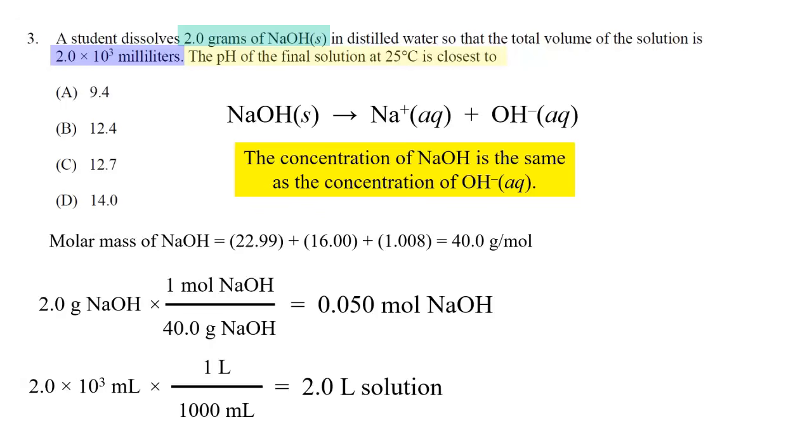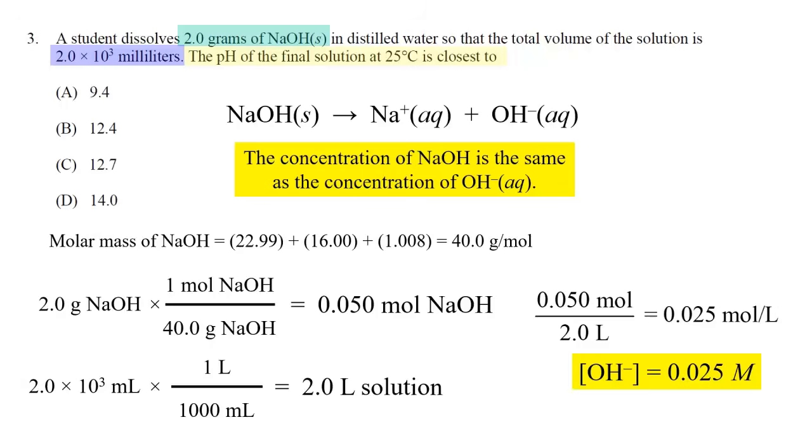So moles per liter, that means moles divided by liters. 0.050 moles of sodium hydroxide divided by 2.0 liters gives us 0.025 moles per liter. And that is not only the concentration of the sodium hydroxide, that is also the concentration of the hydroxide ion. So all we have to do now is calculate the pOH and the pH to determine the correct answer to question 3.